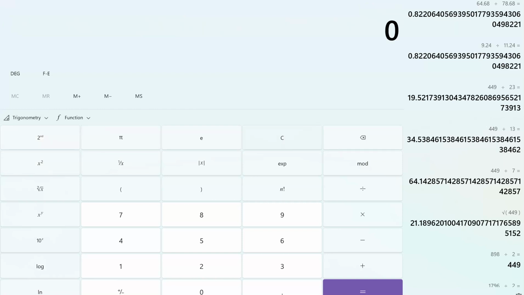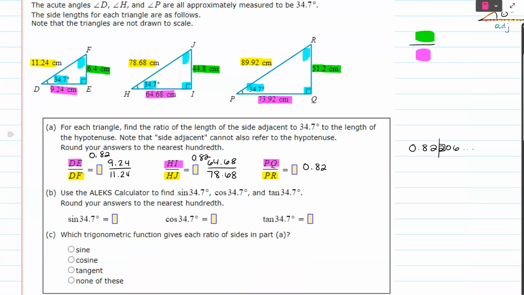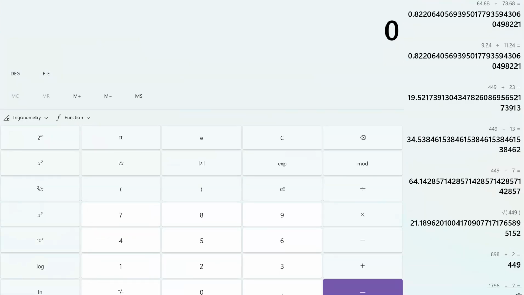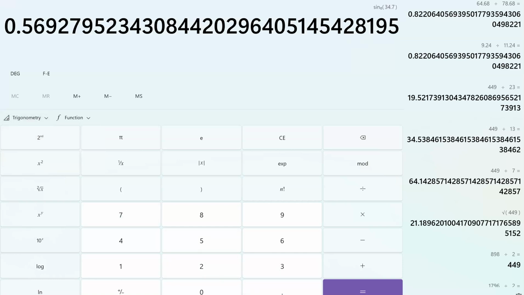So I'm in degrees. It's up here on the top left. So, of course, now I forgot the angle. 34.7. All right. So I'm going to put in 34.7. This is a little bit backwards of the Alex calculator. And I'm going to take the sine of that.